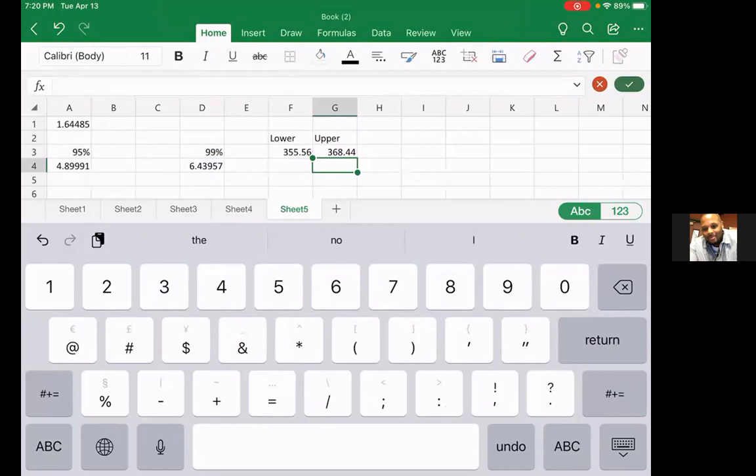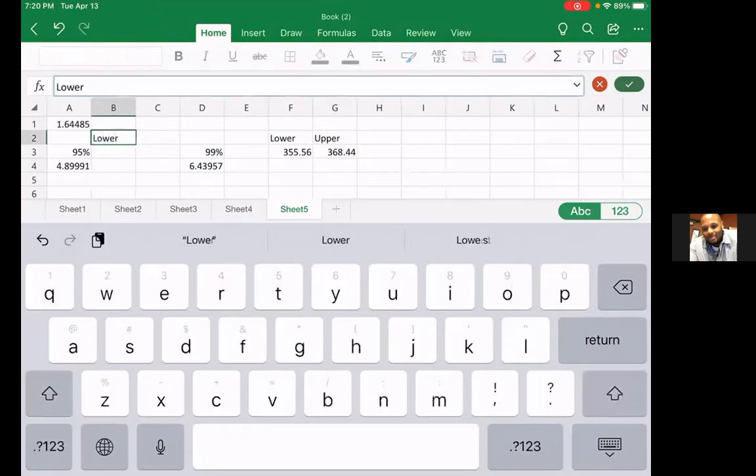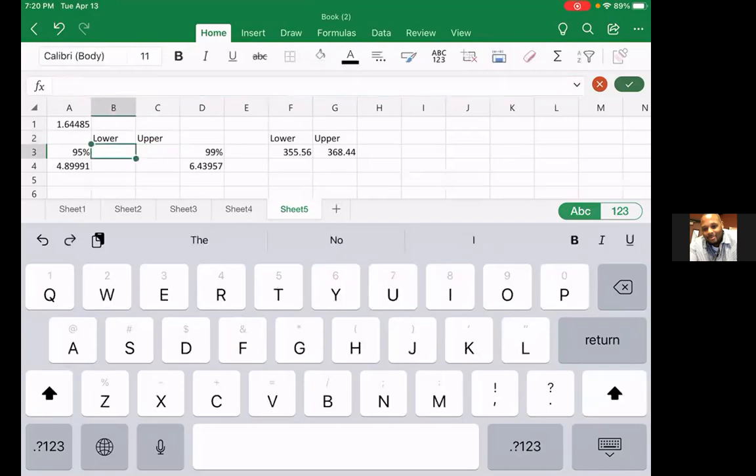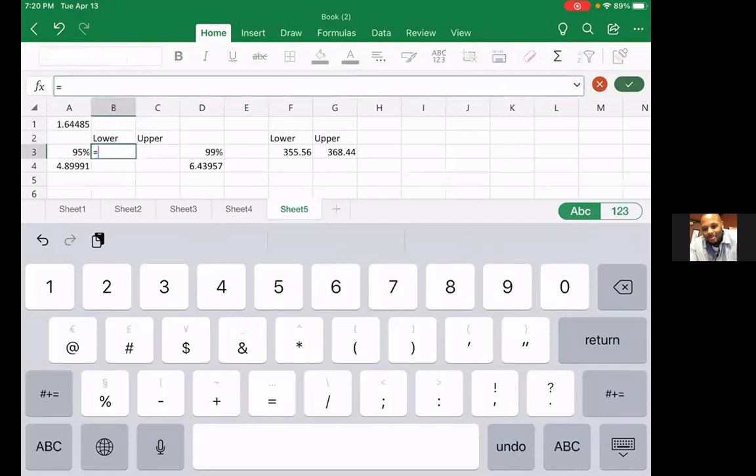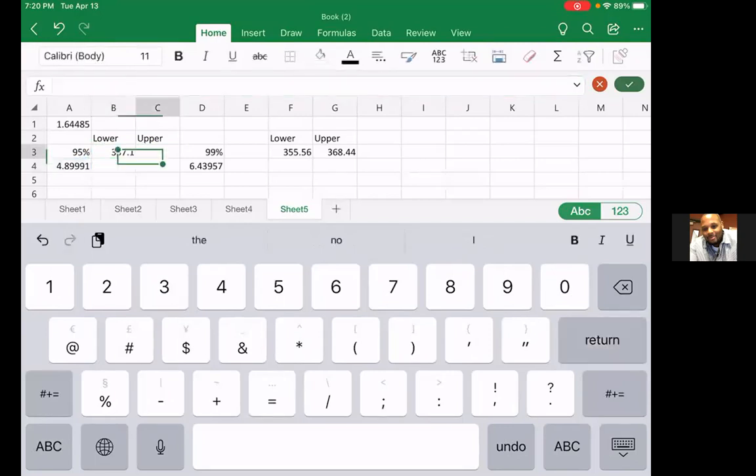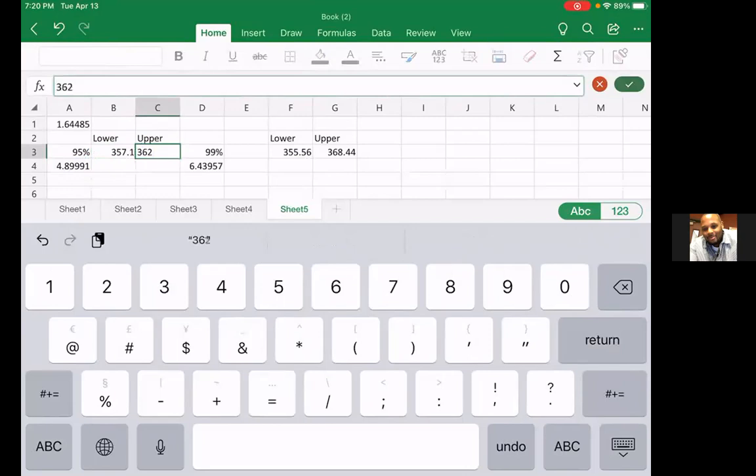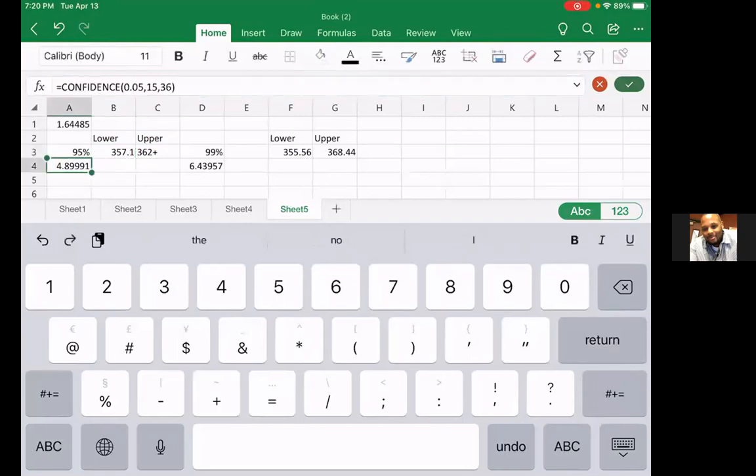I could have done the same thing for this one as well, and I should have, for y'all to verify that we did it by hand correctly. So the lower would be equal to 362 minus this value. The upper is 362 plus this value.